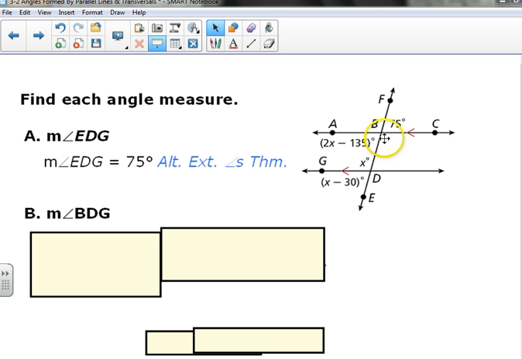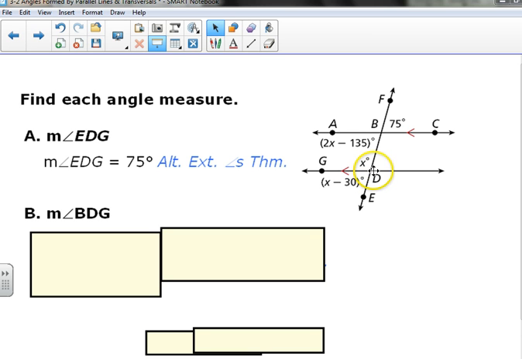This next one is BDG. Okay, BDG is really this little X degrees, right? BDG is X degrees. Okay, so how are we going to find that angle, Kara? Well, we can just do, no, not corresponding, but, well, we could do linear pair. So X makes a linear pair with what?